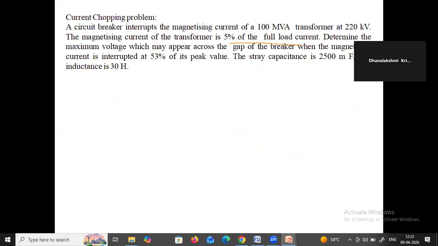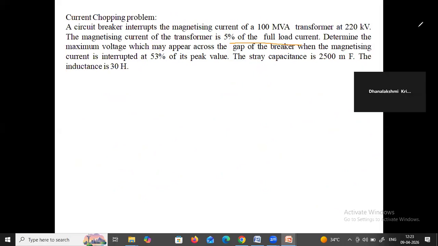Determine the maximum voltage which may appear across the gap of the breaker when the magnetizing current is interrupted at 53% of its peak value. The stray capacitance is 2500 millifarad and the inductance is 30 Henry. Now the formula is V is equal to I into root of L by C. If the voltage is less than the withstanding capacity of the arc, the current chopping will be less.